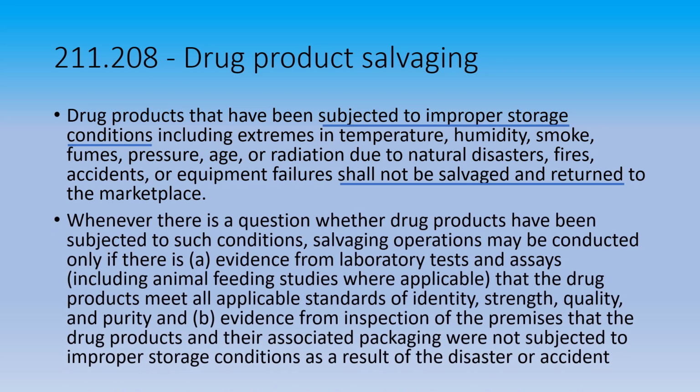Whenever there is a question whether a drug product has been subjected to such conditions, salvaging operation may be conducted only if there is, A, evidence from the laboratory tests and assays, including animal feeding studies, where applicable, that the drug product meets all applicable standards of identity, strength, quality, and purity, and B, evidence from the inspection of the premises that the drug products and their associated packaging were not subjected to improper storage conditions as a result of this disaster or accident.